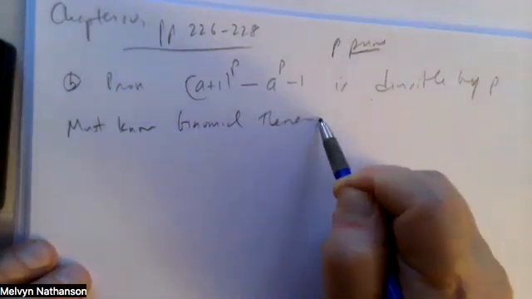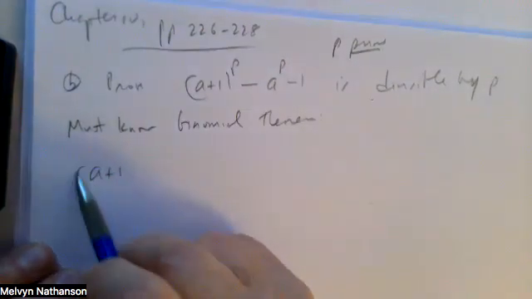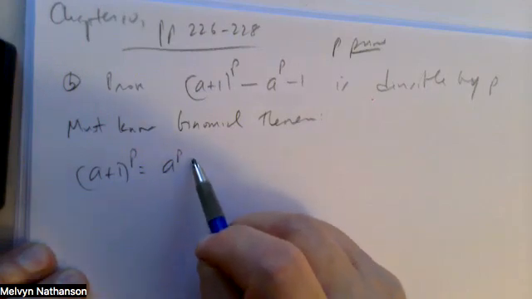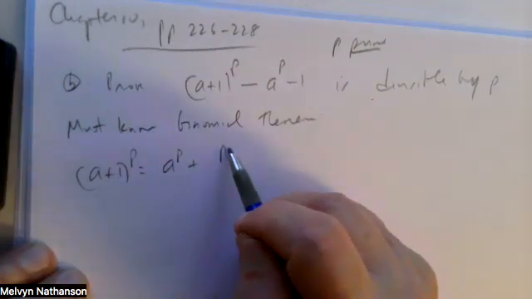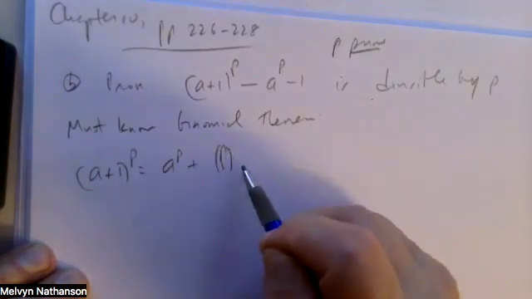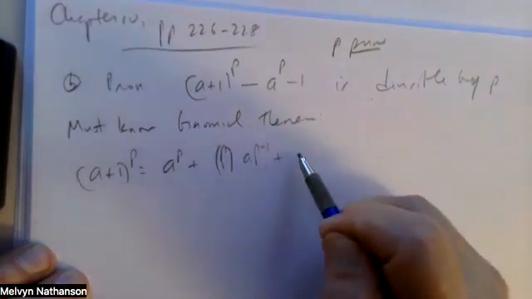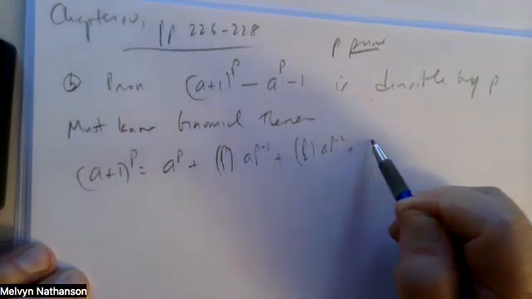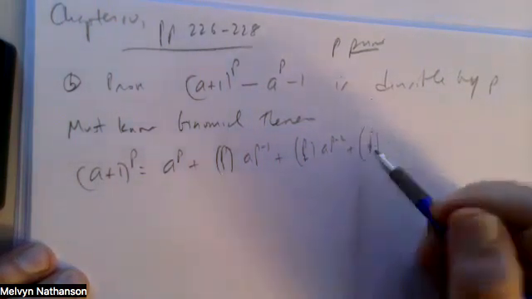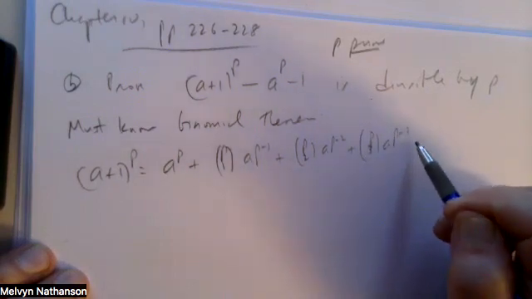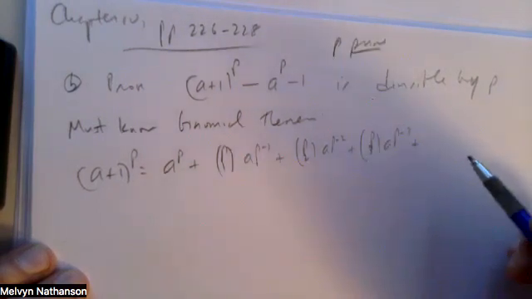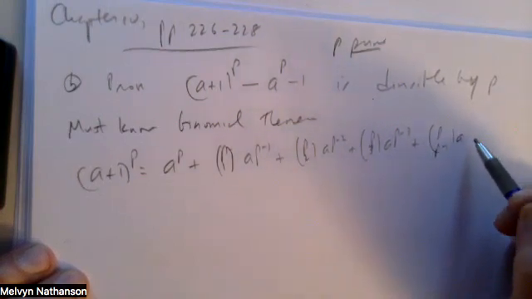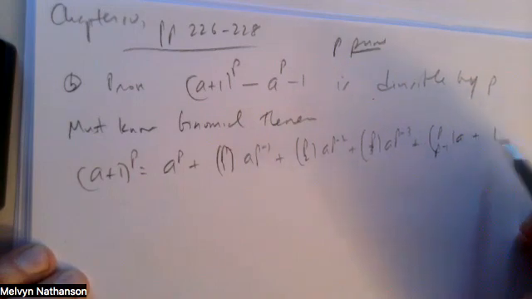The binomial theorem says that (a plus 1) to the p, when you expand this, is a to the p plus the binomial coefficient p choose 1, a to the p minus 1, the binomial coefficient p choose 2, a to the p minus 2, the binomial coefficient p choose 3, a to the p minus 3, and you just keep going down until finally you get p minus 1 times a plus 1.